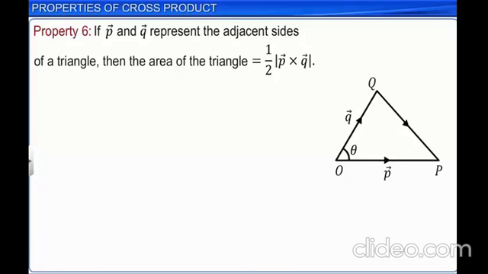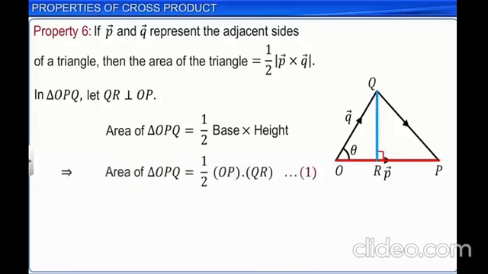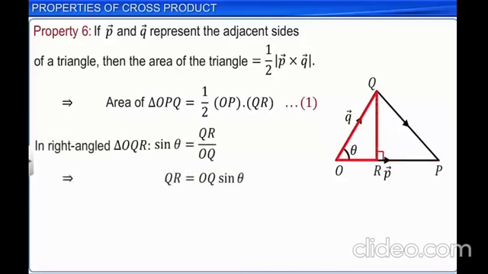By formula, area of triangle OPQ is equal to half of the product of base OP and height QR. From right-angled triangle OQR, we get QR is equal to OQ sine theta, where theta is the angle between vectors p and q.